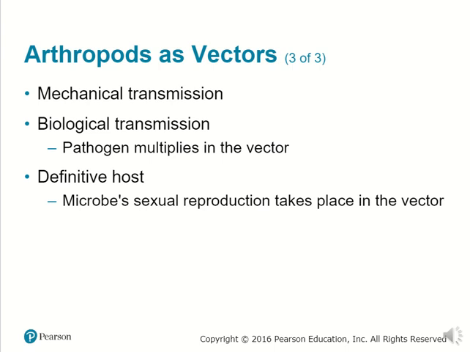They can cause or spread disease through mechanical transmission, such as injection or stinging, or biological transmission, where the pathogen multiplies in the vector first before going into the desired host. And then there's a definitive host, where the microbe's sexual reproduction takes place in the vector.